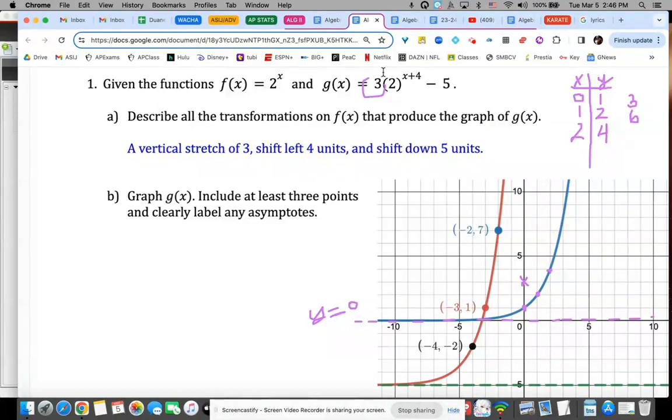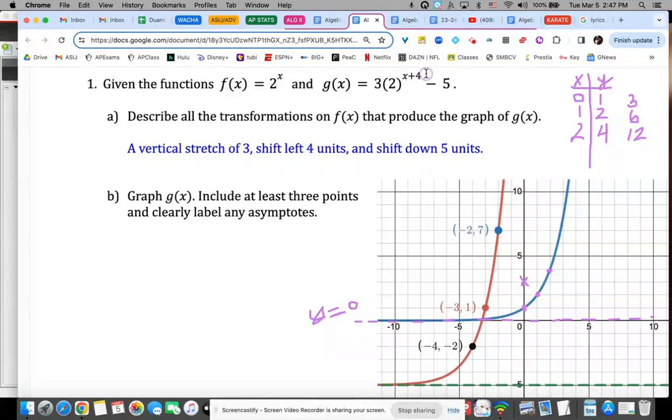It's a vertical stretch of 3. You could always think about it as, before I do anything, I'm going to multiply by 3. Then our 4 times 3 is going to be 12. So when I say vertical stretch of 3, I mean multiply all the y values by 3. That's really what's going on.